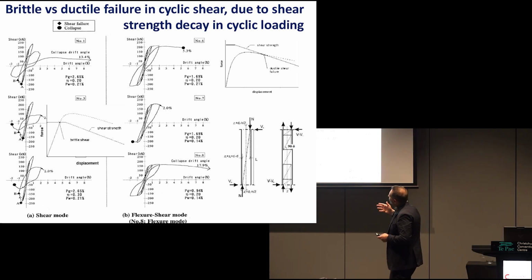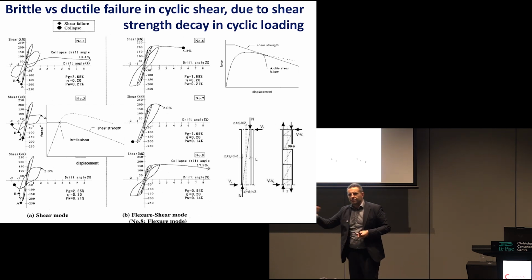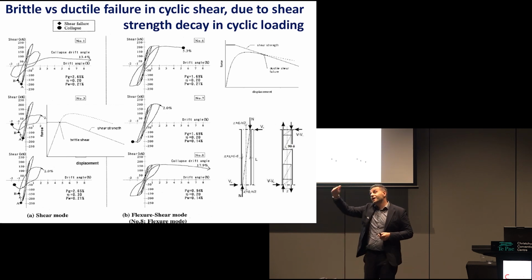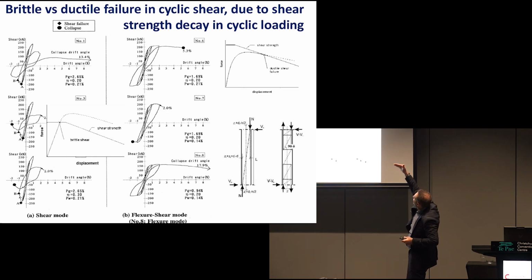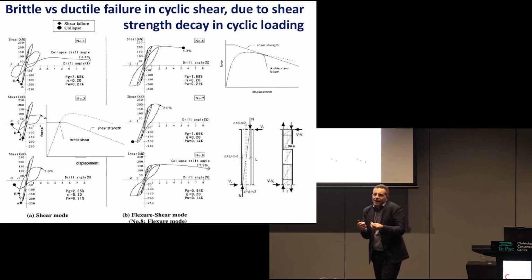In fact, what I liked, we are quite familiar with, being from New Zealand: Nigel Priestley developed at UCSD, the university where I'm from now, a model where you have a decay of the shear with the increase of the ductility, which is quite normal, right?